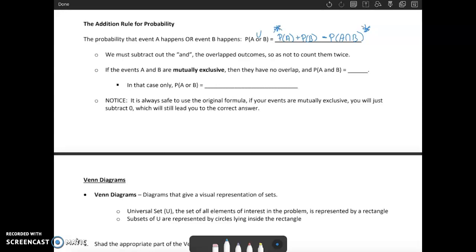It's very, very important. You have to subtract out that and, the intersection, the overlapped outcomes. Otherwise, you would count them twice. You would have counted them here. You would have counted them here.